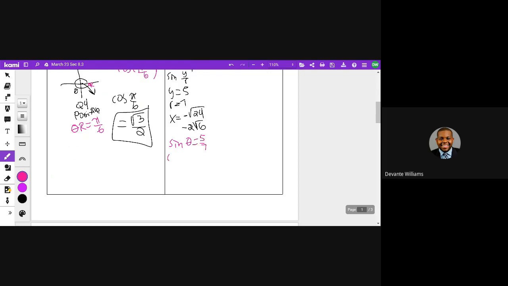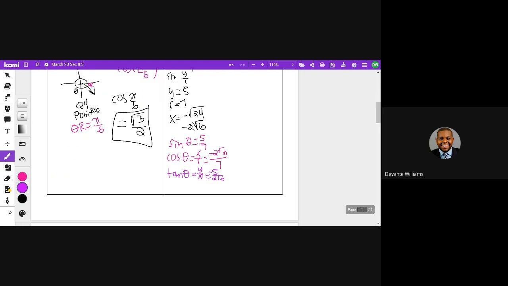The cosine of theta is equal to the X over the R, which is negative 2 square root of 6 over 7. And the tangent of theta is equal to the Y over the X, which is 5 over negative 2 square root of 6.